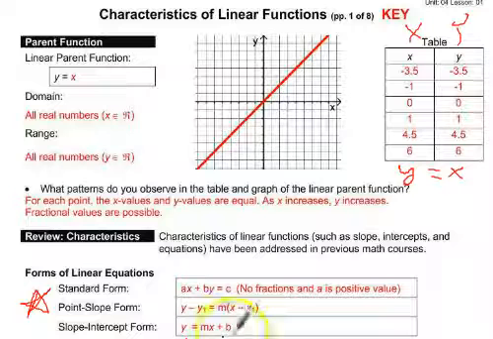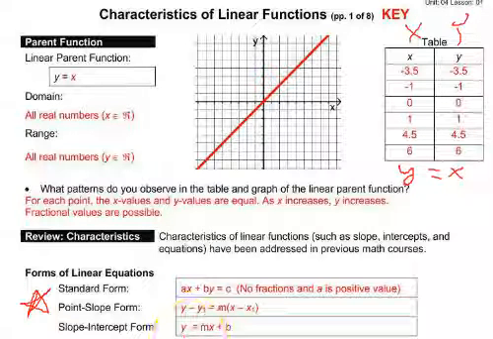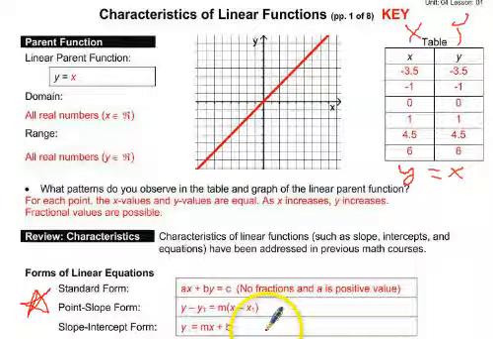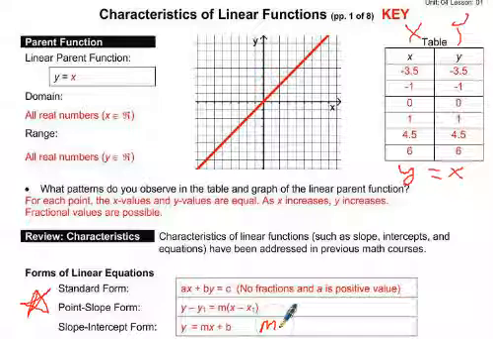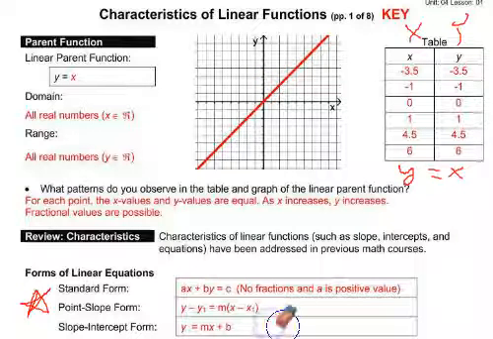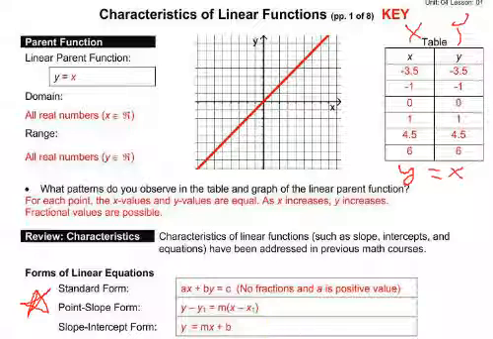Y equals mx plus b, very familiar with slope-intercept form. We've been doing that a bunch. Remember that the slope, let me use a different color. Just remember that m is your slope.